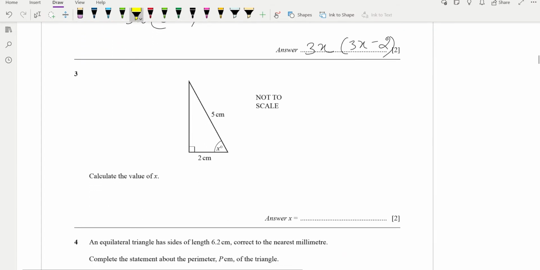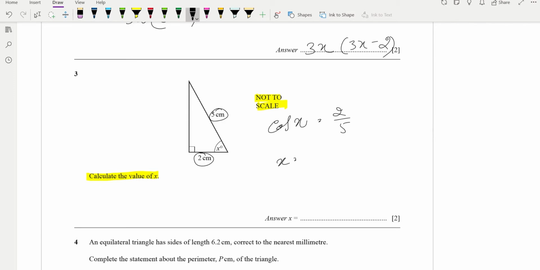Then question number 3, a diagram is provided which is not to scale. Calculate the value of x. x will be adjacent over hypotenuse. This is adjacent, this is hypotenuse, so that will be cos of theta. So we can write cos of x is equal to 2 over 5.